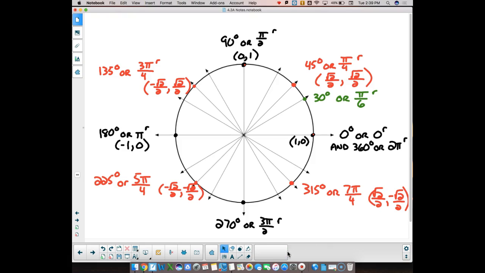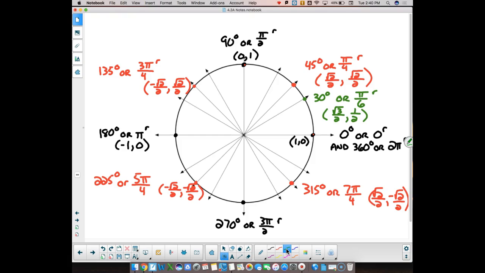Horizontally, we went the square root 3 over 2. Vertically, we went 1/2. So the coordinates of this point are the square root of 3 over 2, comma, 1/2.